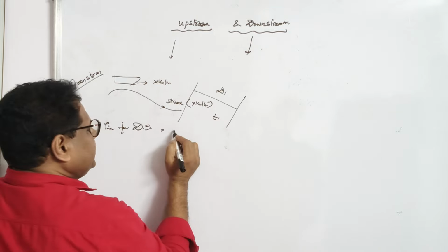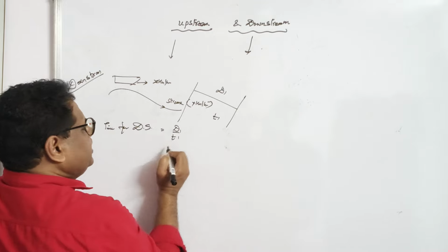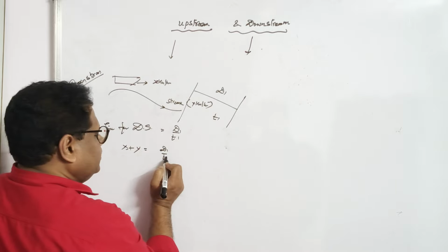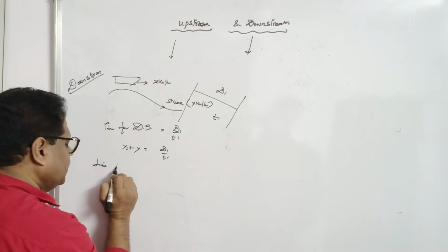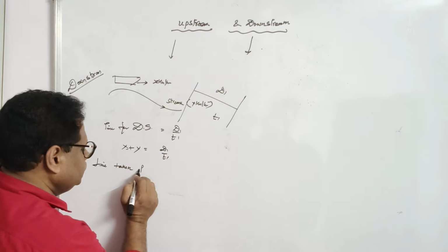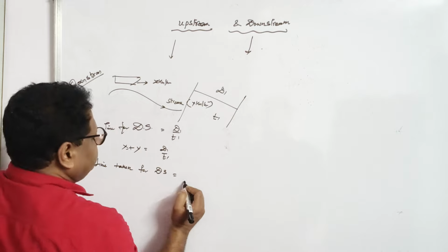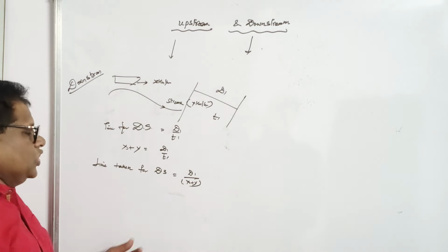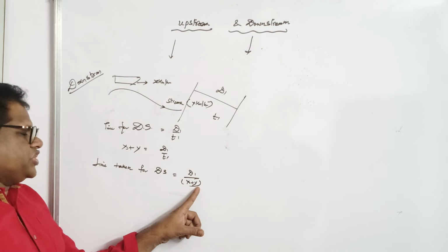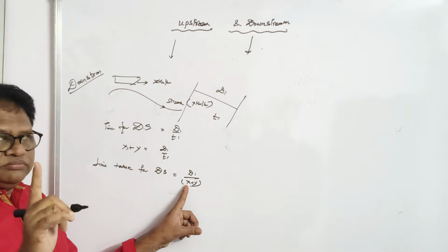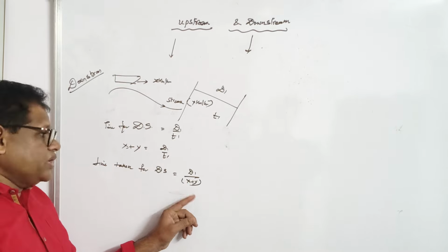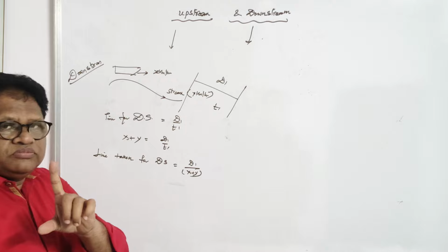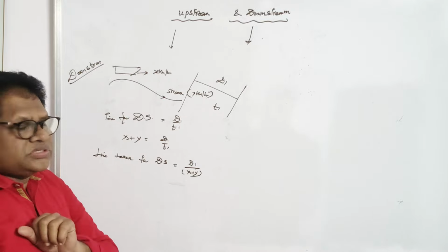Then the speed is x plus y, so the time taken for downstream will be d1 by (x plus y). Of the two, you will be given either the speed of the stream or the speed of the boat. That means you will be asked to calculate either x or y, because a quadratic equation deals with one variable. There are no two variables like in simultaneous equations.